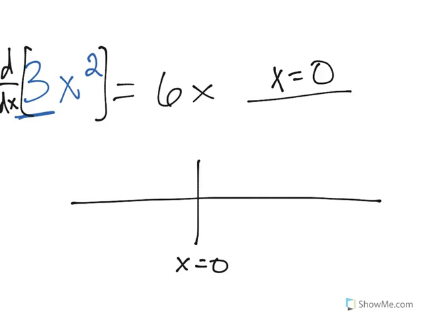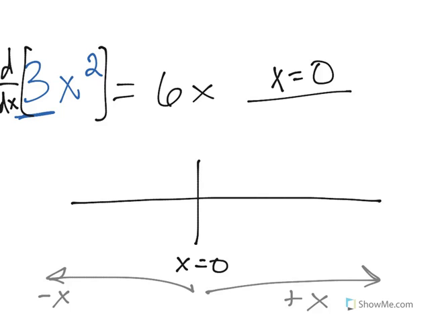So we find the 0, and we want to know how it acts to the left of it and how it acts to the right of it. To the left we plug in negative x's, and to the right we plug in positive x's.